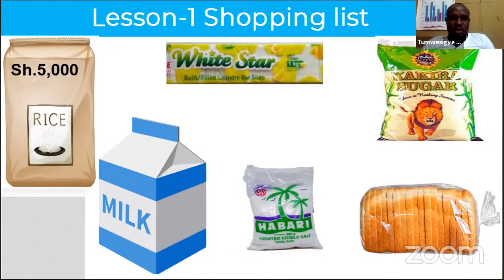The first one is rice, and rice is costing 5,000 shillings. Then when you look at soap, the cost of soap is 4,000. Then I also have sugar, and sugar costs 4,000 also.